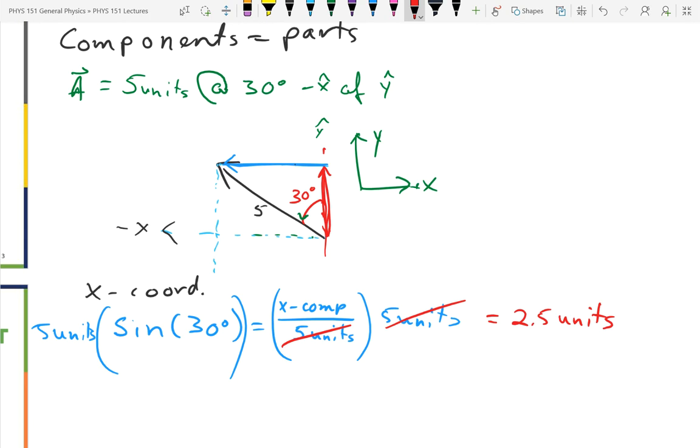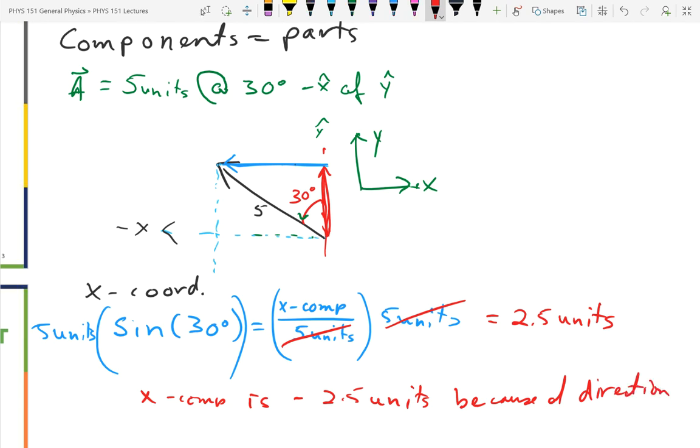So my x component is minus 2.5 units because of the direction. So it was my brain that told me the minus sign. The minus sign didn't come from the calculator in any way, shape, or form. It came from thinking.